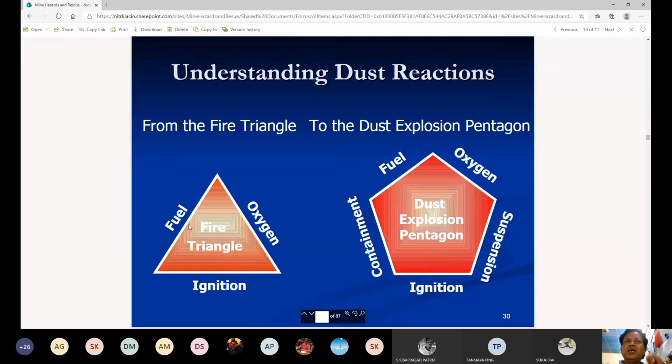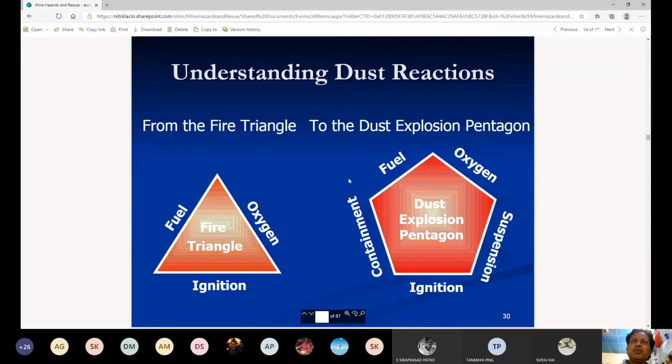If fuel, oxygen and an ignition source are there, then fire is going to take place. But for a dust explosion to take place, you have to consider this dust explosion pentagon.